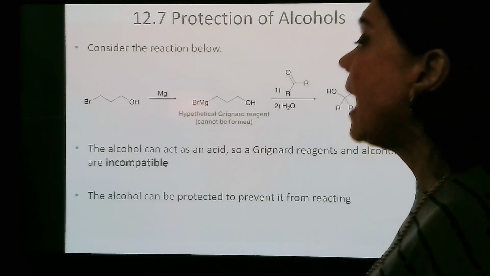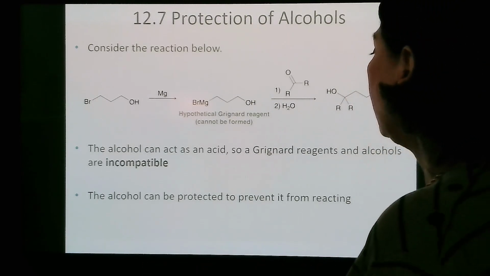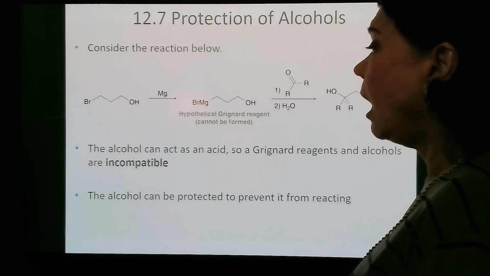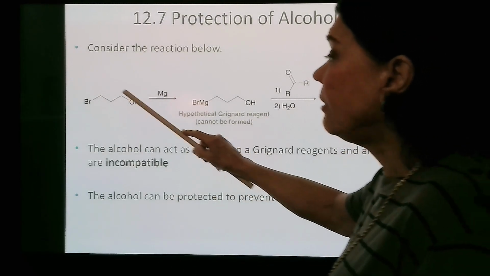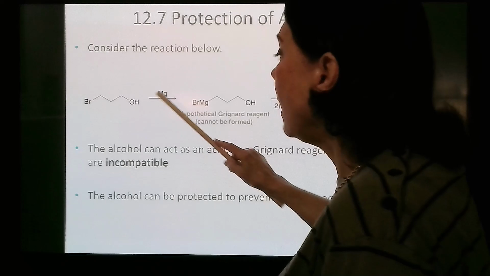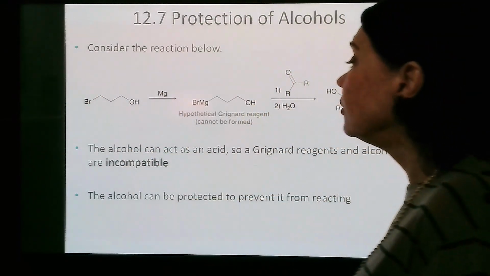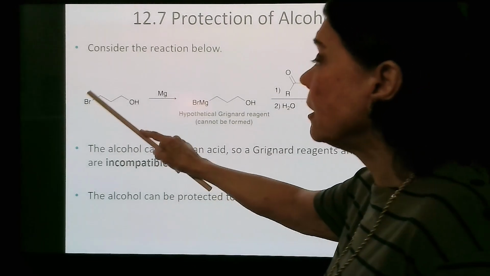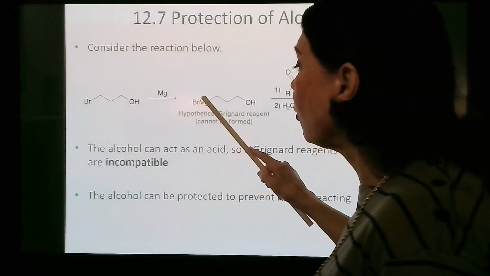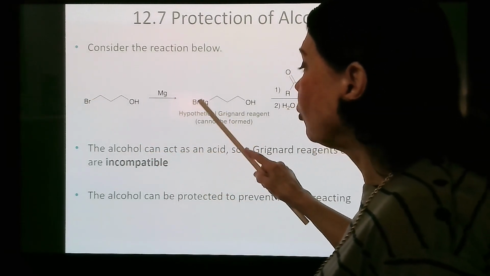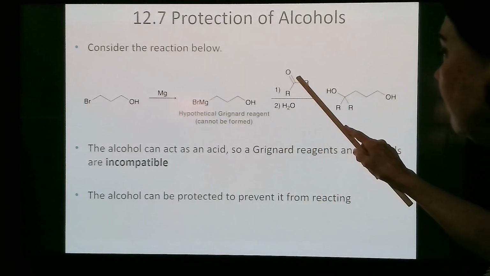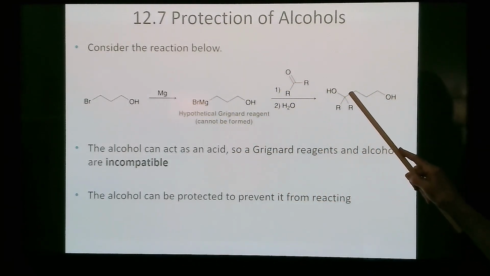So let's pretend that you're wanting to react this molecule in a way so that you're going to functionalize this end of the molecule. So it would be excellent to be able to create a Grignard reagent here so that you could then react it and functionalize it and put these groups on the end here.